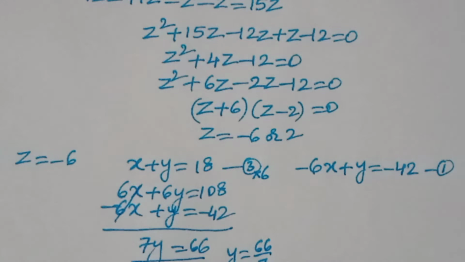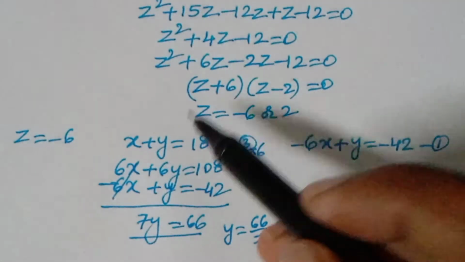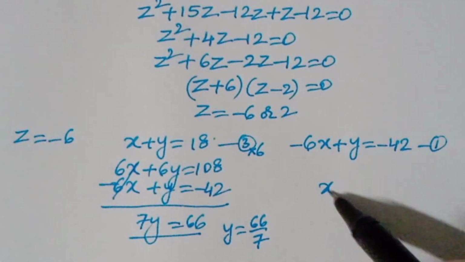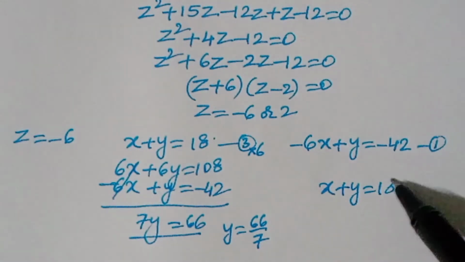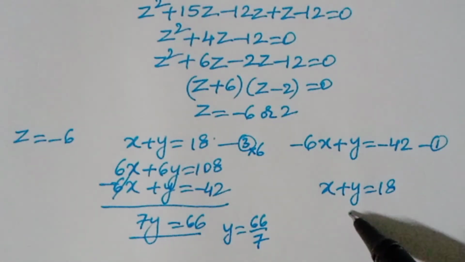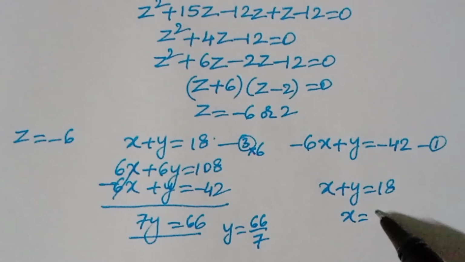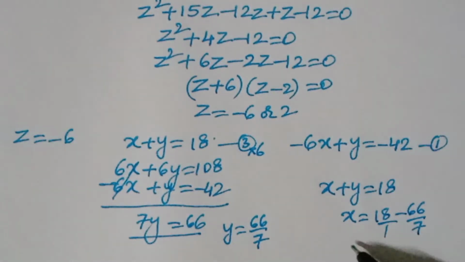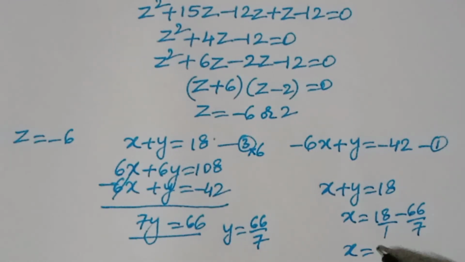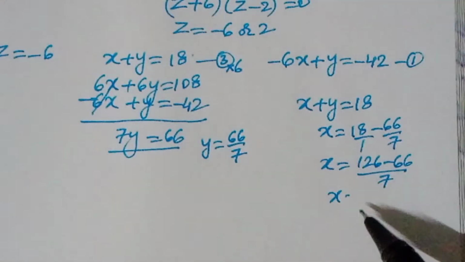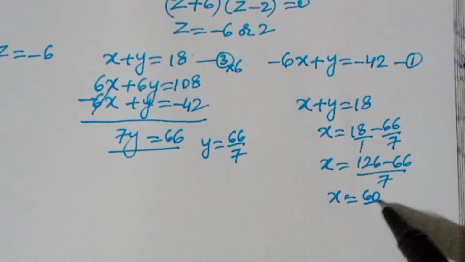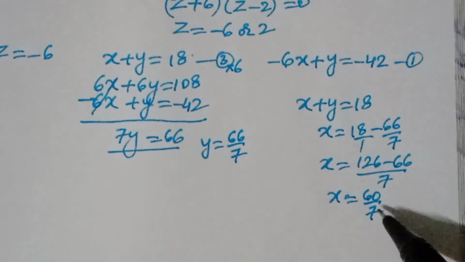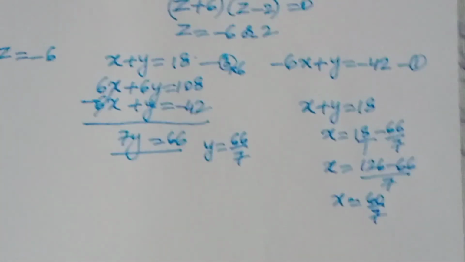Now replace this in the equation x plus y is equal to 18. So x is equal to 18 minus 66 by 7, so x is equal to (126 minus 66) by 7. So x value is 60 by 7. This is the first case, z value minus 6.